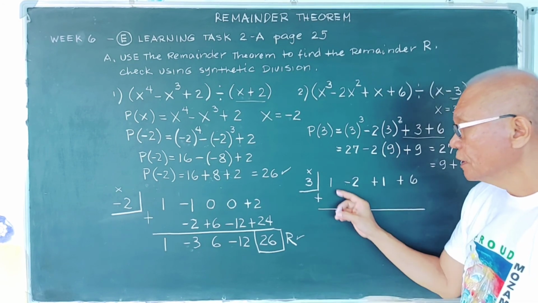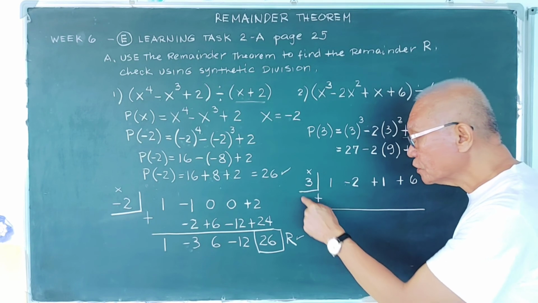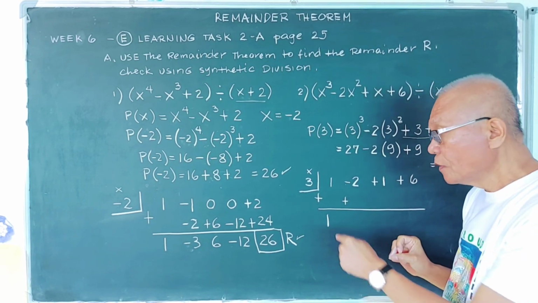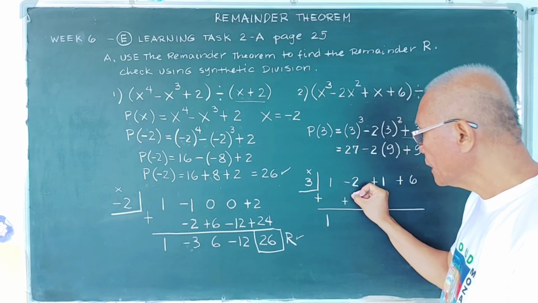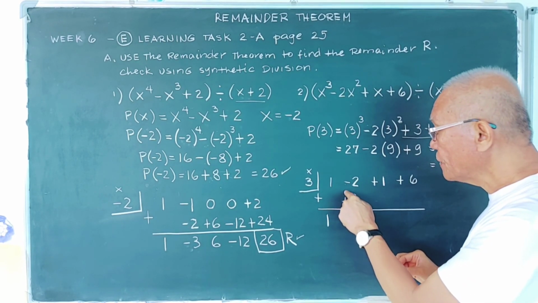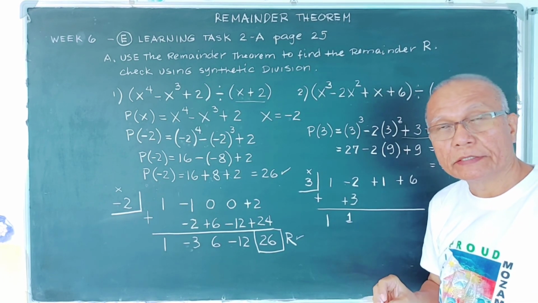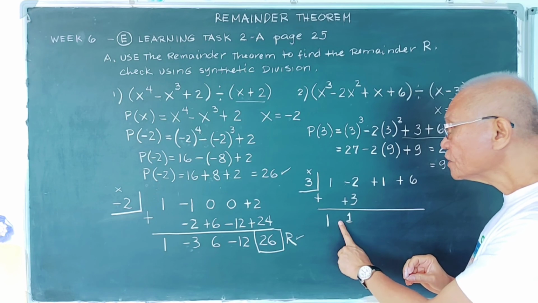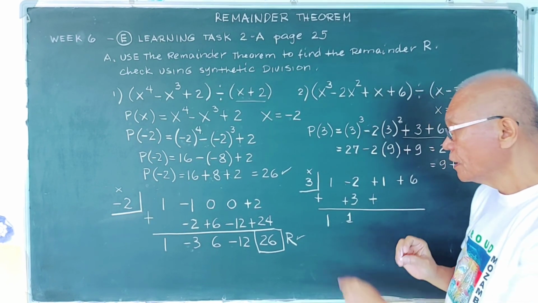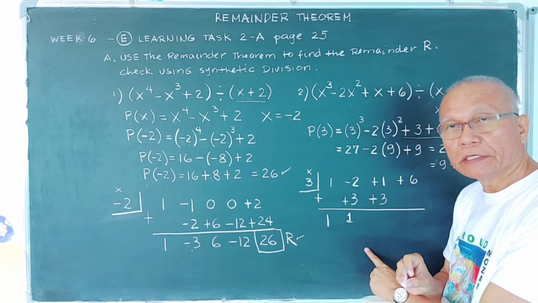Yun ang pang times natin. Positive na siya. Bring down 1, dito. Positive times positive is positive. 1 times 3 ay 3. And then 3 minus 2 is positive 1. Okay. Positive times positive is positive. 3 times 1 is 3.